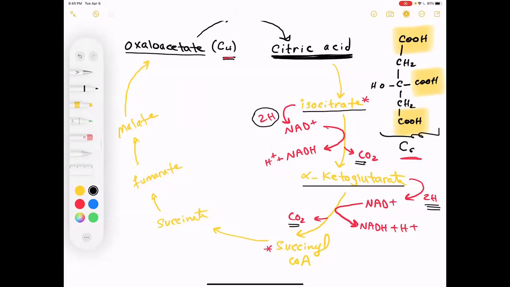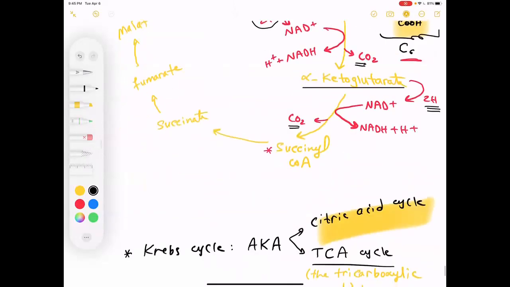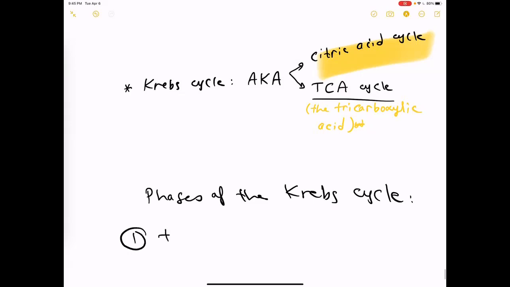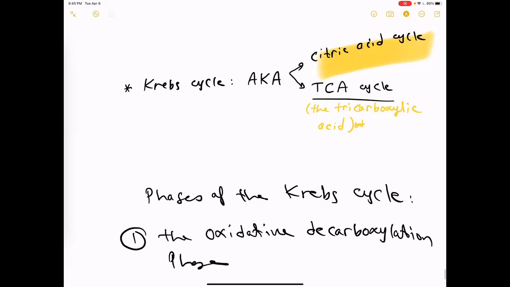The oxidative decarboxylation phase. So here, phases of the Krebs cycle. One, the oxidative decarboxylation phase.